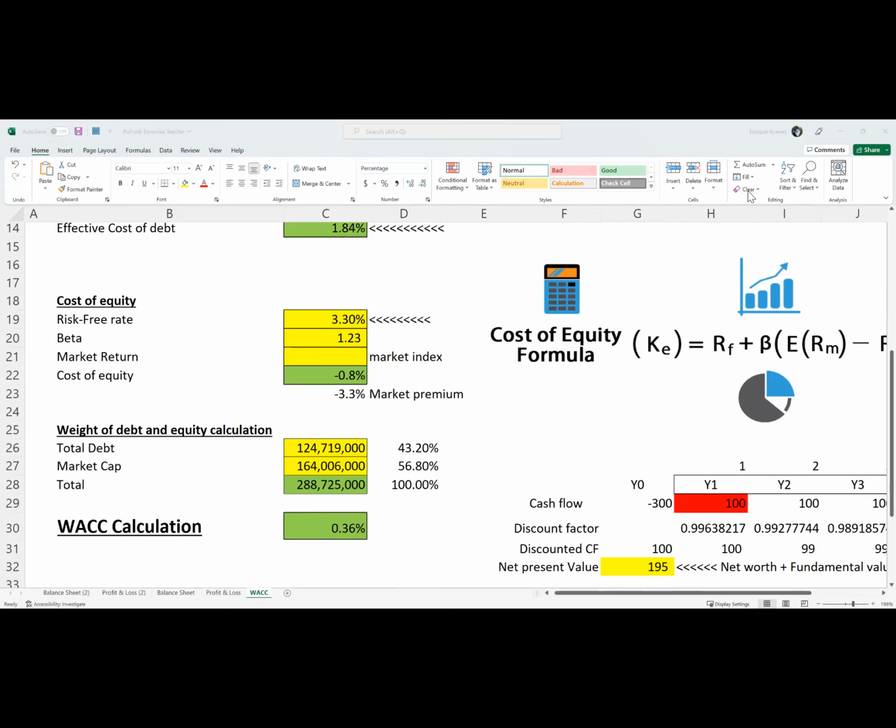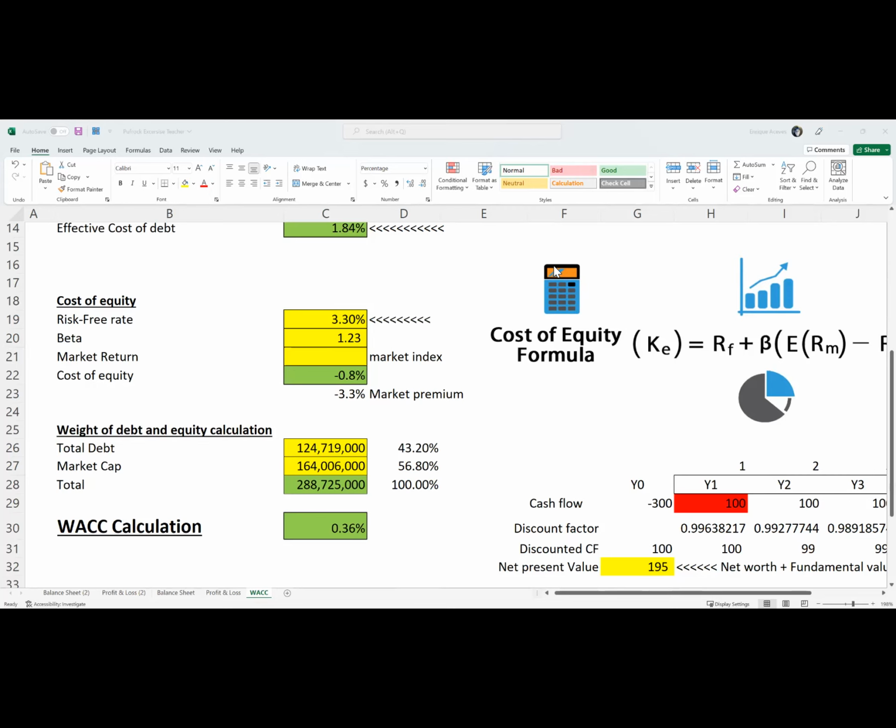Is that the rate that the bonds offer? Exactly. It's in markets. You have to go to the markets tab and US Treasury bonds rates. Okay.